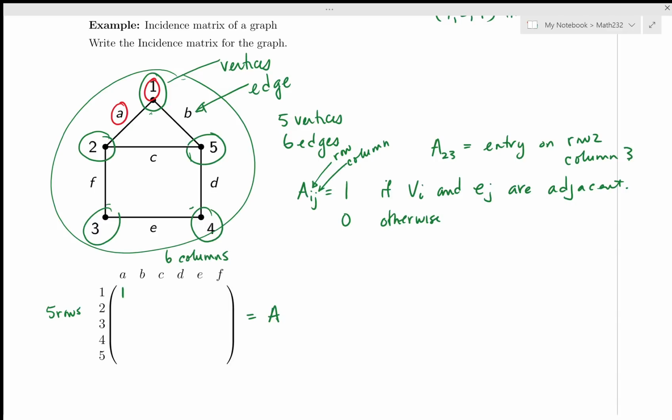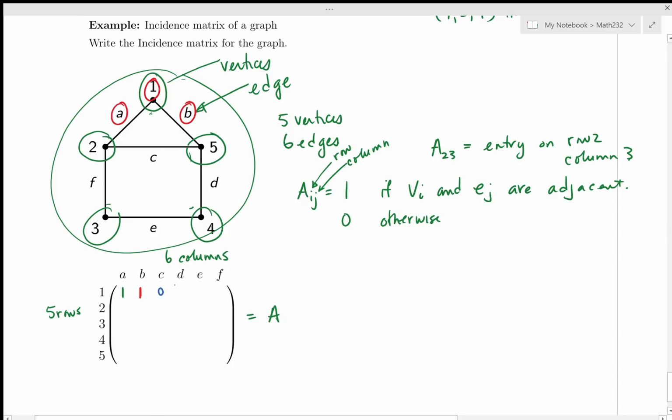I'm also going to put a 1 here for the same reason, because edge B is attached to vertex 1. Notice that edges C, D, E, and F do not go to vertex 1, so I put zeros at those locations.